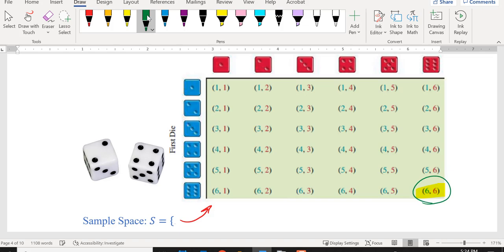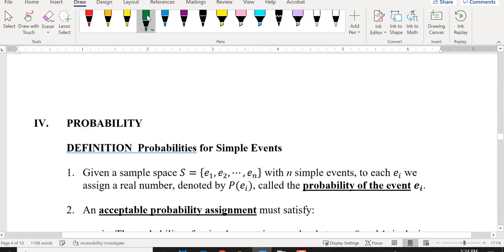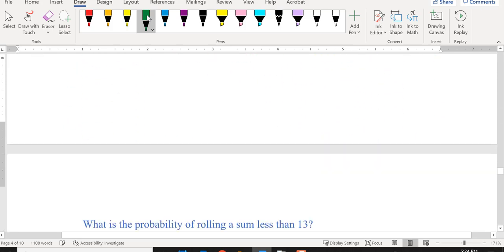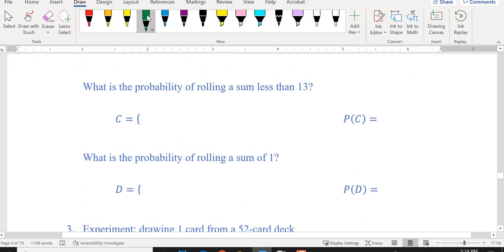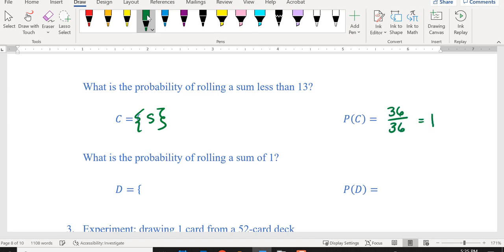That's 12. So it's asking what's the probability of rolling a sum less than 13? That's the whole sample space. So the probability is going to be 36 out of 36, which is 1. That's a certain event. Remember, the probability of a certain event is 1.